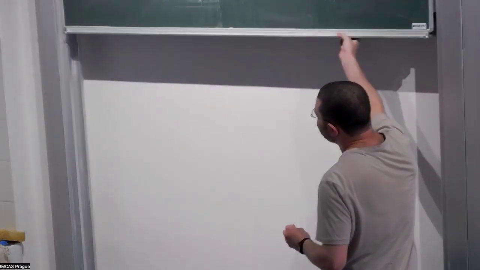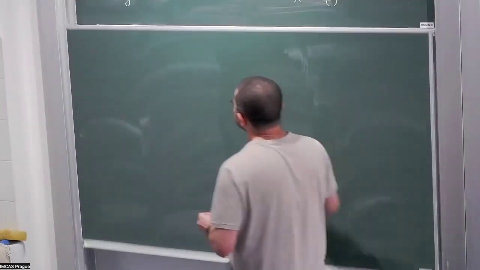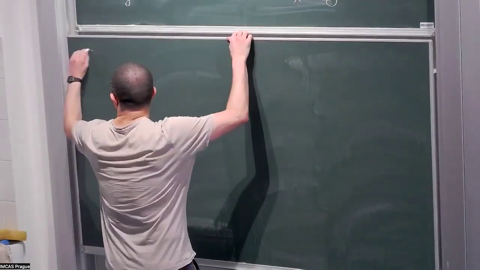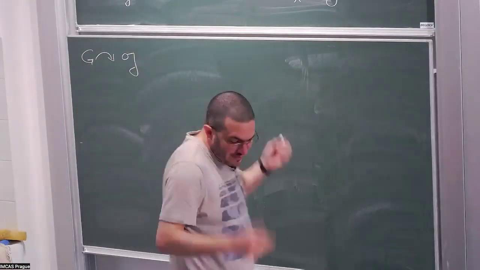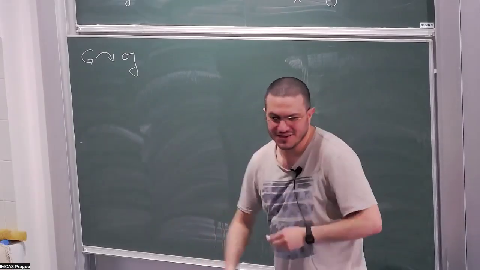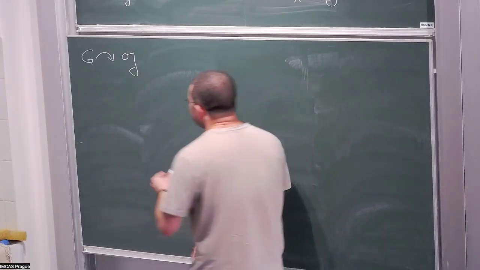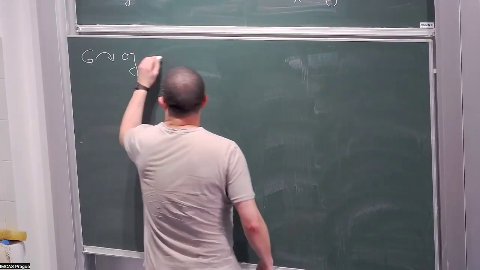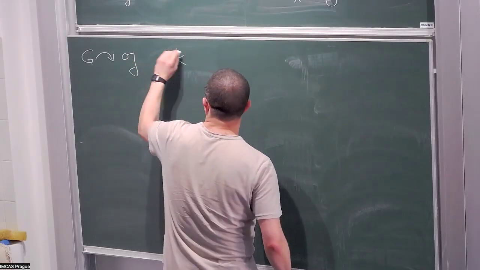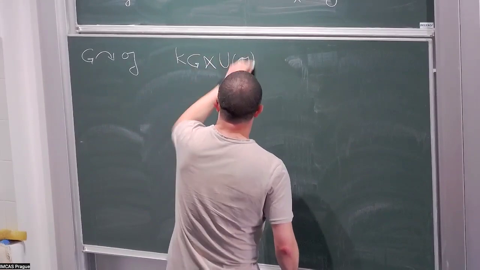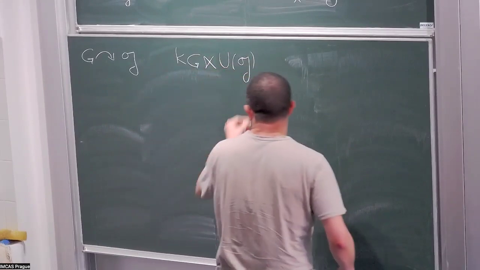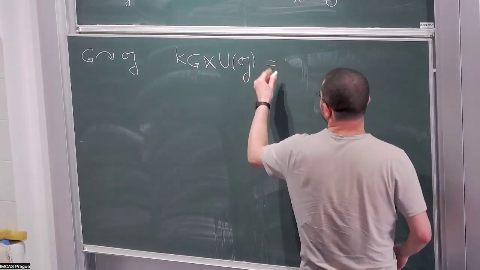One more example: if I have a group G that acts on a Lie algebra g, which happens sometimes because algebras, like any other objects, have automorphisms, I can take this kind of semi-direct product, KG acting on U(g). This is very similar to what was discussed before.